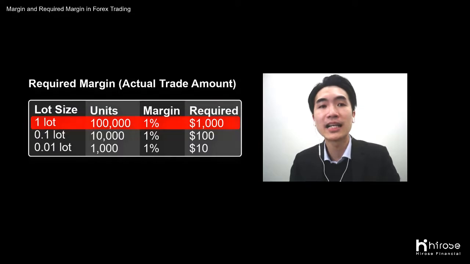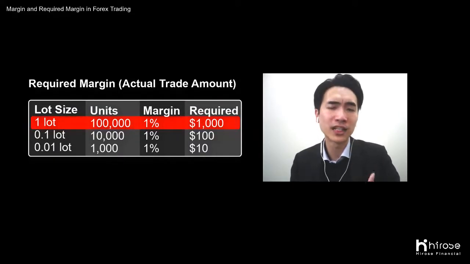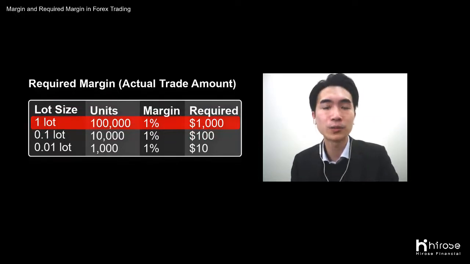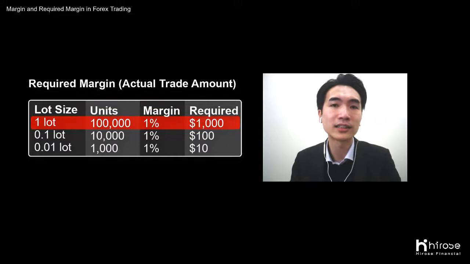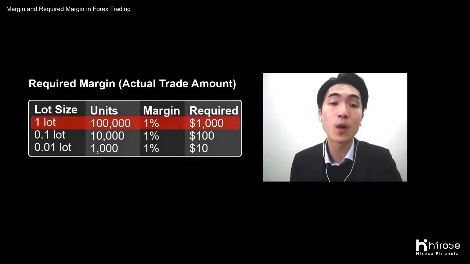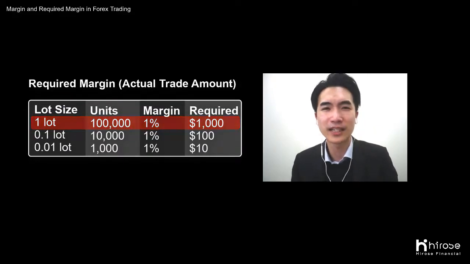That's the margin required to run that trade. So you need $1,000 to hold a one lot position, which is 100,000 units. The required fund that you put in for each trade depends on the currency pairs that you are trading.